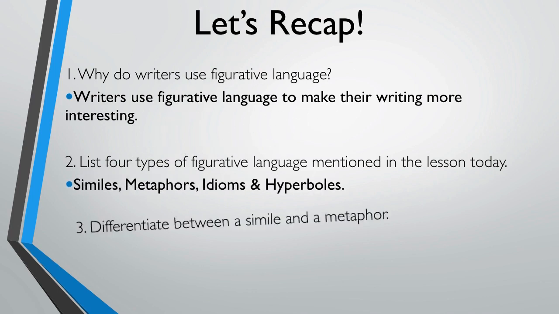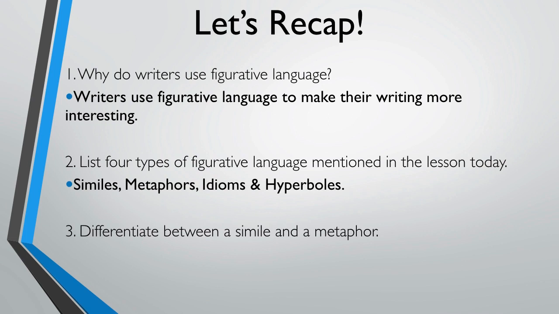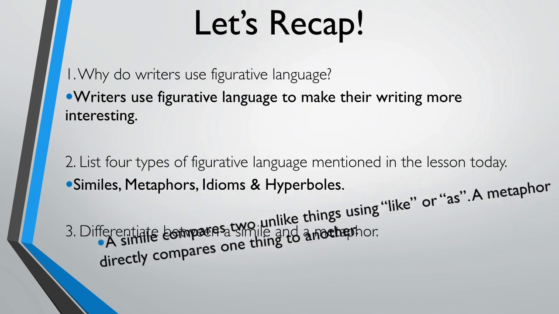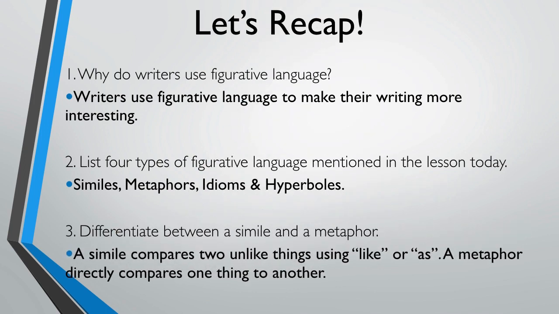Question number 3. Differentiate between a simile and a metaphor. If you said a simile compares two unlike things using like or as, and a metaphor directly compares one thing to another but does not use like or as, you're on the right track. Very good, boys and girls. Let's go to our next slide for question number 4.